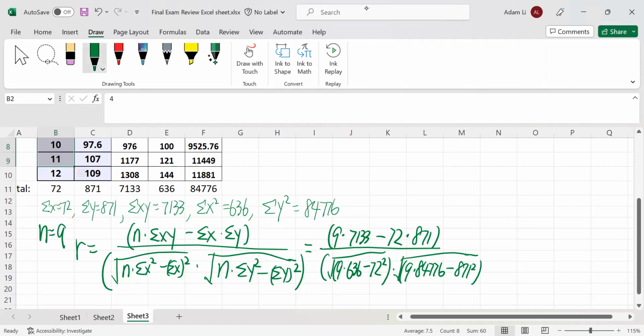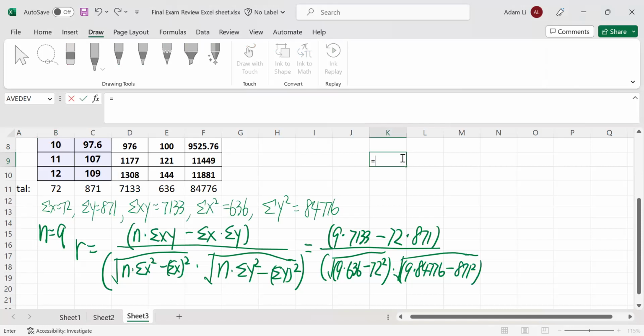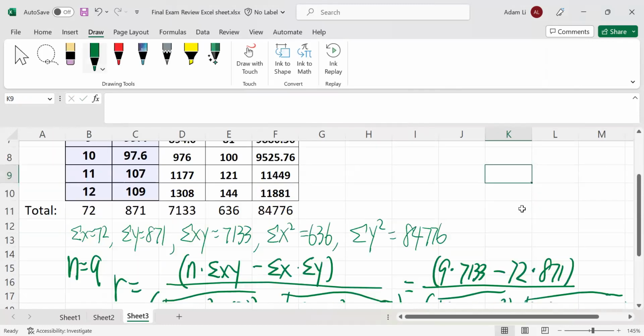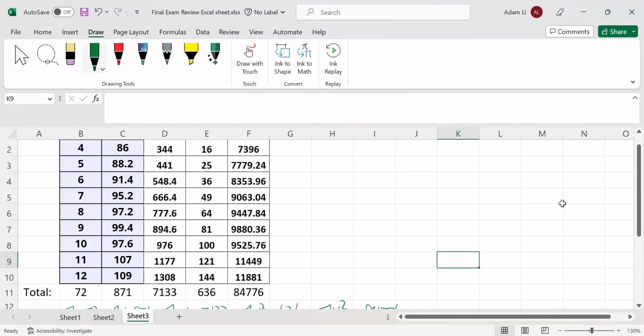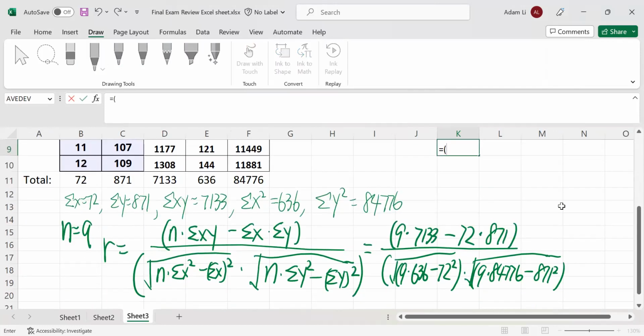Now I'm gonna put it on the side to show you the complete calculation here. So equal to open parentheses, maybe slightly bigger. Open parentheses, 9 times 7133 minus 72 times 871.